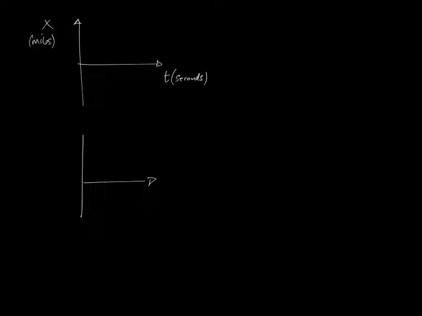All right. So I'll make a position time graph here. X, miles, t, seconds. And then below that, I'll do a velocity graph. So velocity, miles per hour.